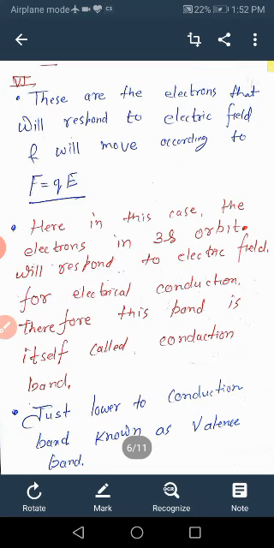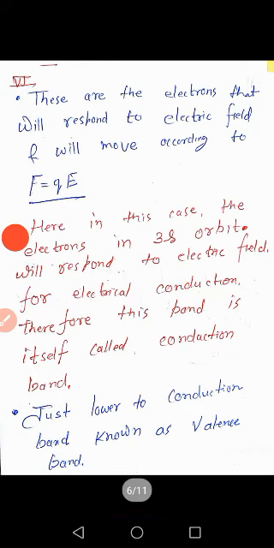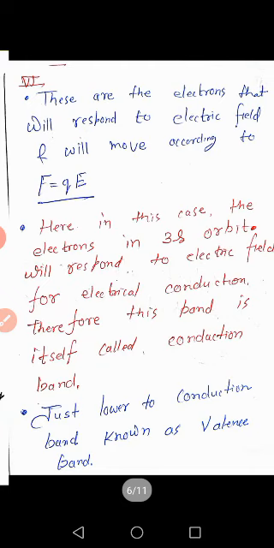If the external force is applied by the electric field, or by normal temperature, the heat energy imparted at normal temperature is also sufficient to break the electron from its parent atom. Therefore this band is called the conduction band.